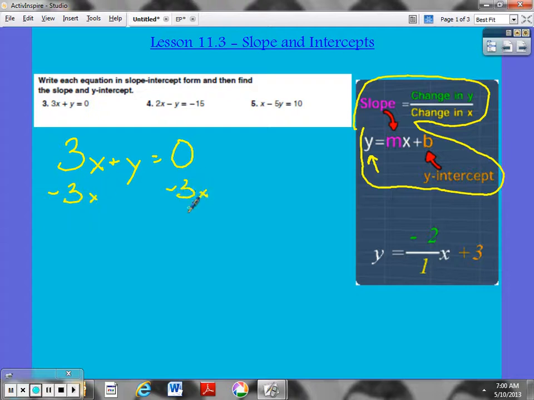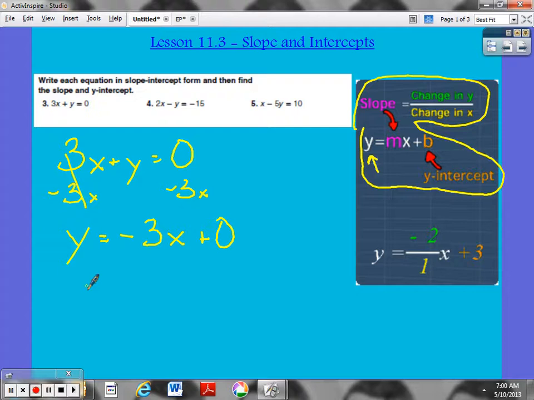Now this is where some of you are getting some problems. That cancels out the 3x, leaving y, which is exactly what I want, is equal to negative 3x. Because I have to write it in slope-intercept form, it is imperative that I put the negative 3x first, that's the slope, plus the y-intercept, which for this is 0. The problem says to find the slope and y-intercept.